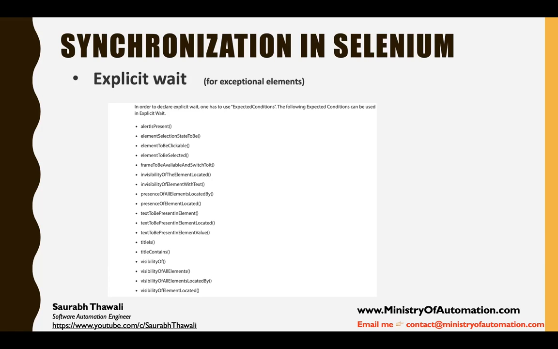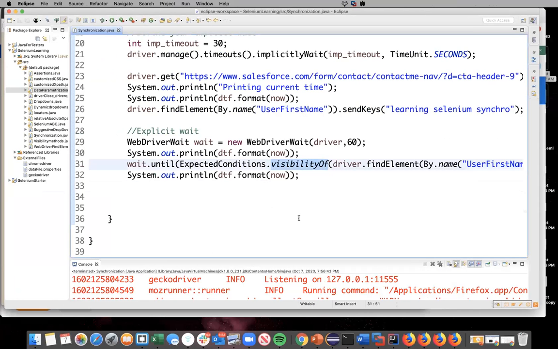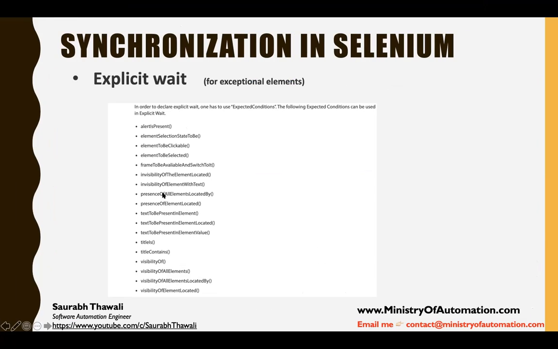You can use the explicit wait in multiple ways, because the expected conditions you can use, like we used only visibility of, I think we just used one, right? You can use any of these methods. For example, if you are checking for an alert, then you can use alert present.